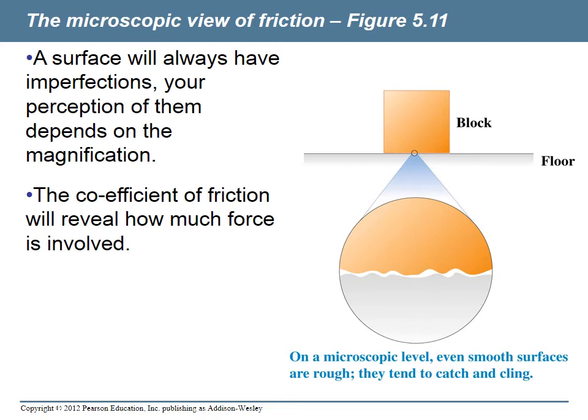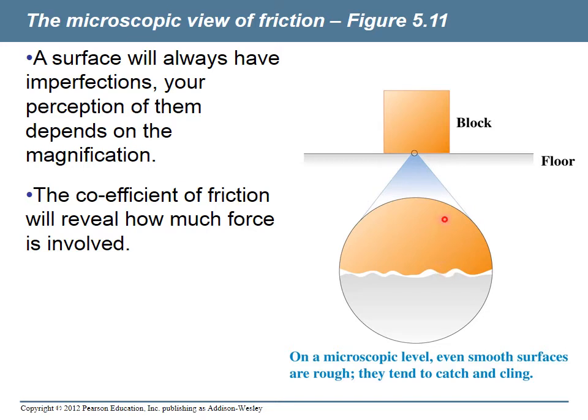And so you kind of have two options. If this block is going to move to the right, then it either needs to interact with these bumps by breaking off either part of the floor or part of the block, or this block would physically need to, when it sits down in this little crevice here, be picked up in order to get that little divot over that, right?